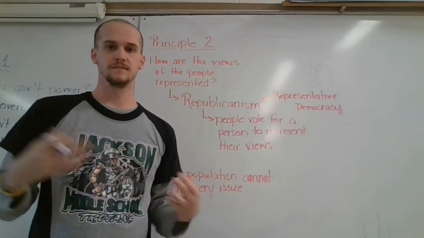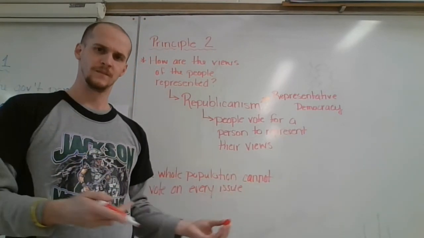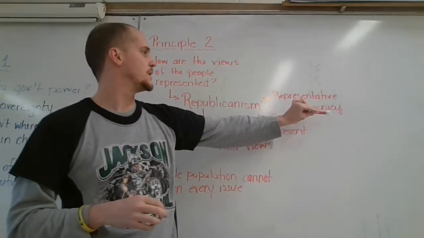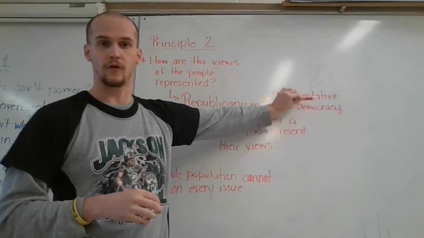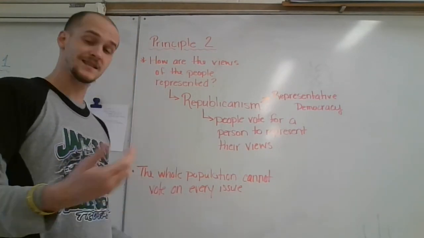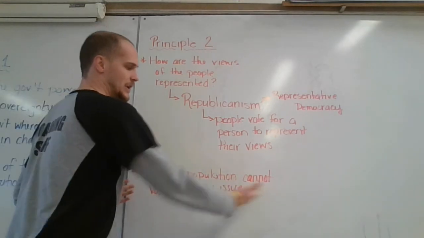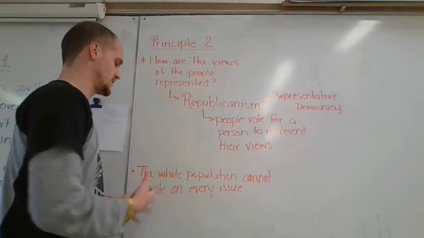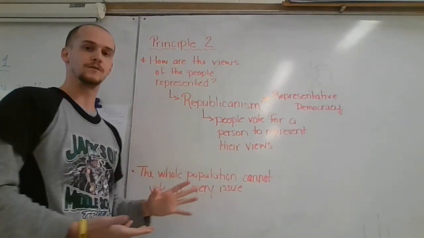Democracy is people, power of the people, voting, things of that nature. Well, the people vote for a representative to then vote on these major issues because, like I said, it is illogical to expect that every person in the United States could possibly vote on every issue.